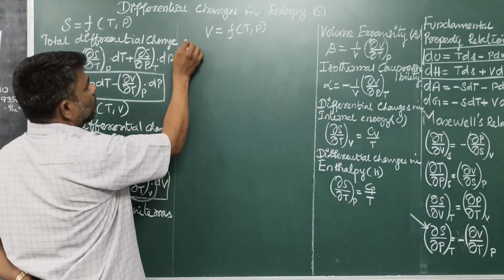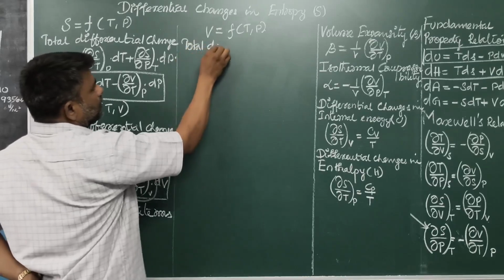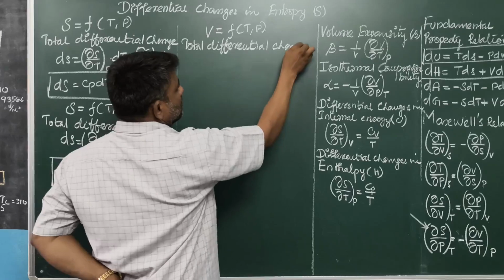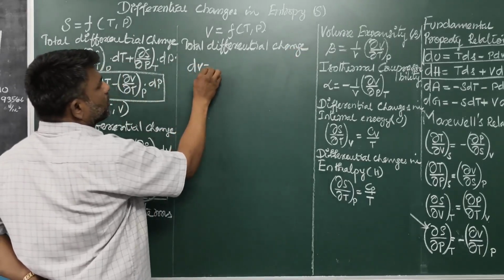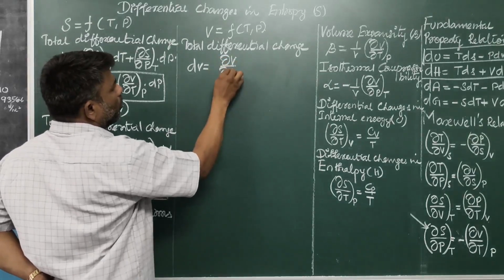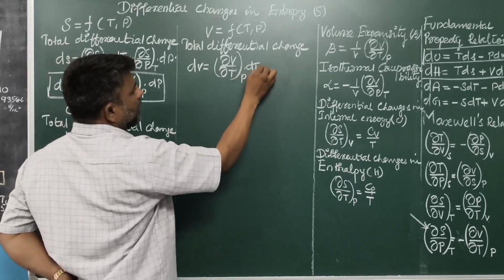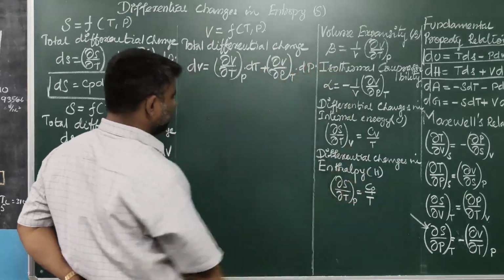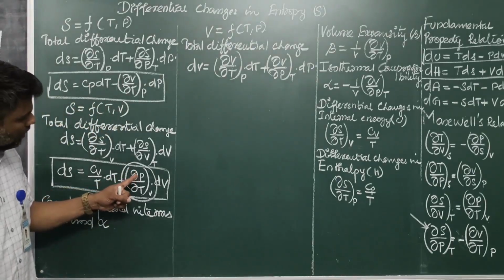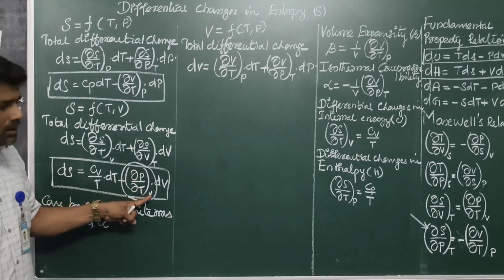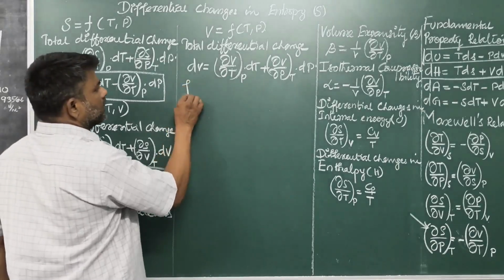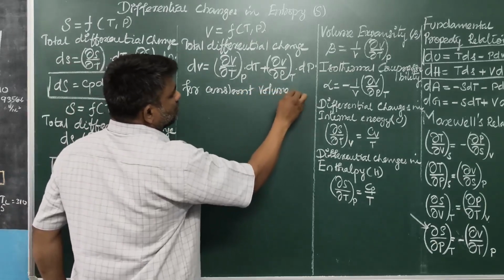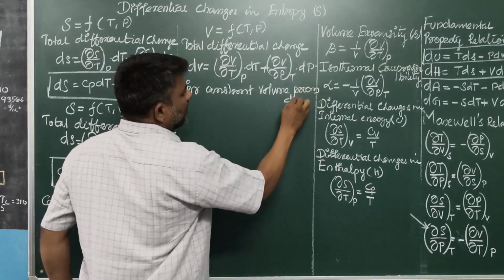On total differentiation, dV is equal to dou V by dou T at constant pressure into dT plus dou V by dou P at constant temperature into dP. For a constant volume process, dV is equal to 0.